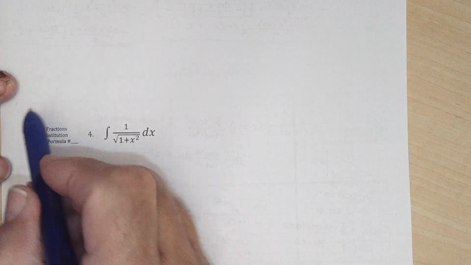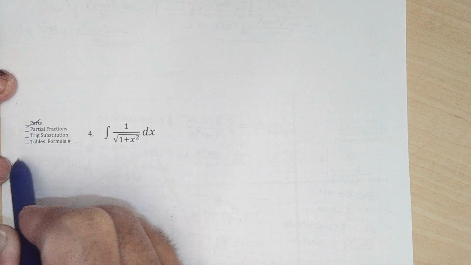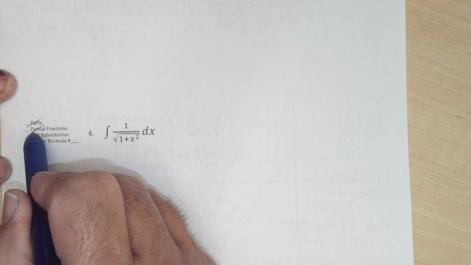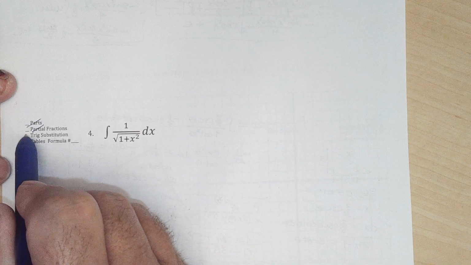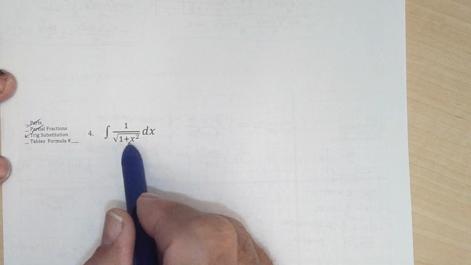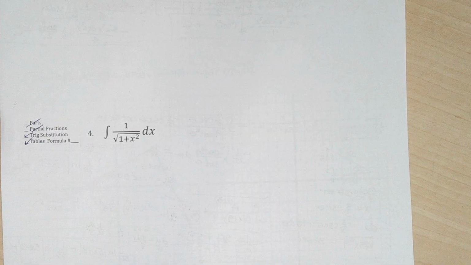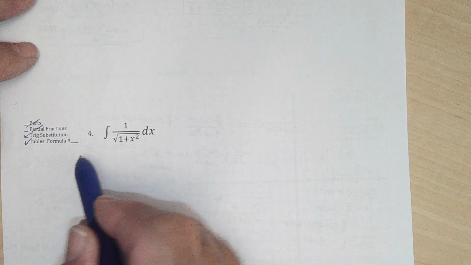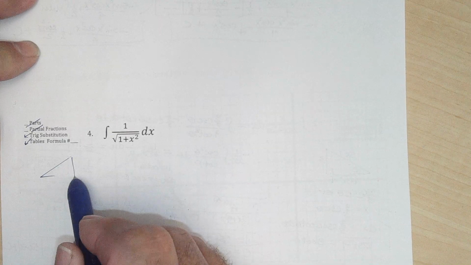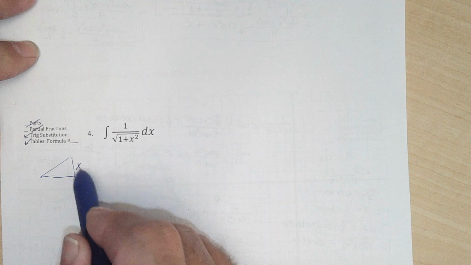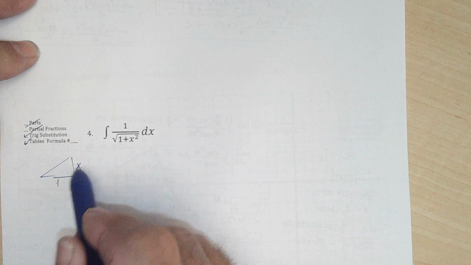This one doesn't look like parts stuff we've been doing. Doesn't look like partial fractions because of that square root. It does look like a trig sub, and this probably is in the table, so we could do either one of those. We'll do trig sub first. And they're added, so I could put x in one or x in the other way.